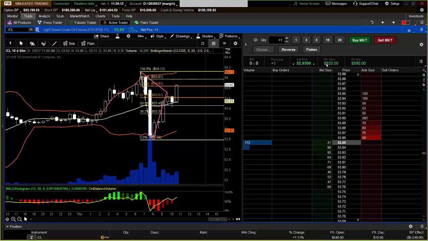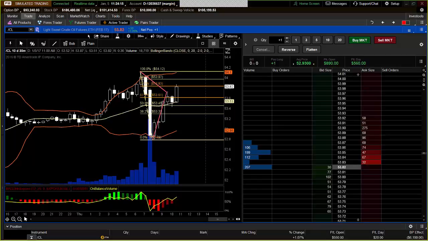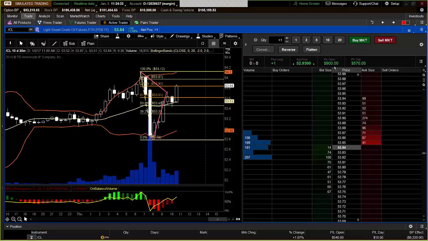So this account is making $920 overall on the future alone. This is just the future, long just one future. We're up $900. Those that don't trade oil don't know how wonderful this is, because every penny is $10. So if it moves a penny, this is going to change by $10.